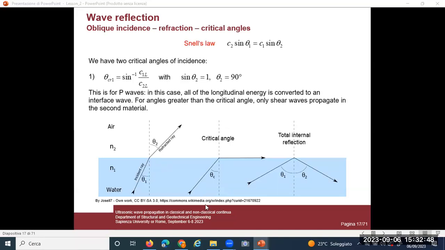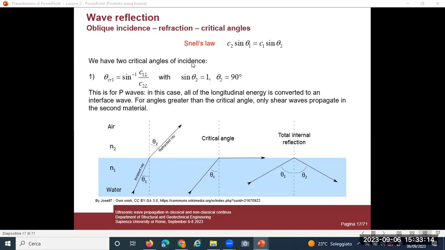This example I picked up from Wikipedia, but it's perfectly equal in the case of waves in solid. You've got a ray and a reflected ray. If you change the incidence of the ray, also theta2 changes.